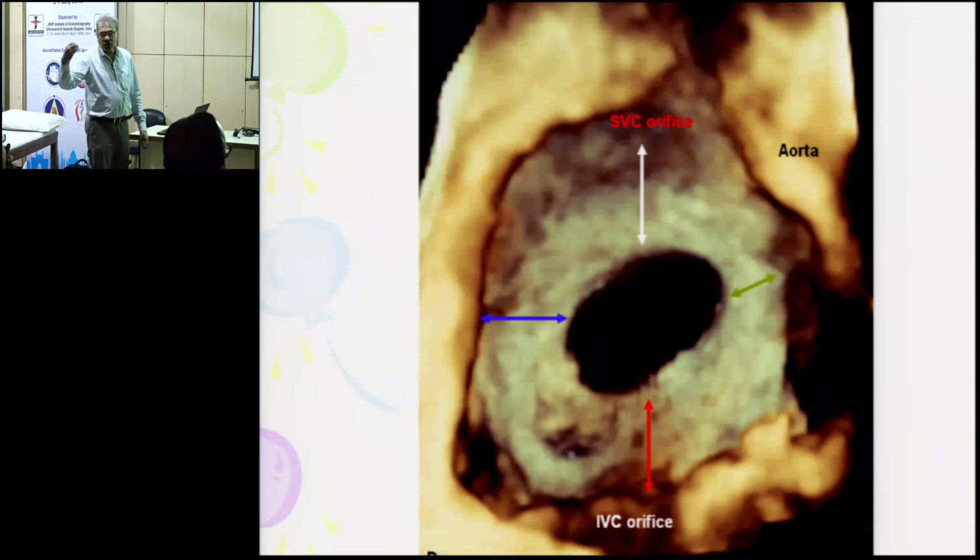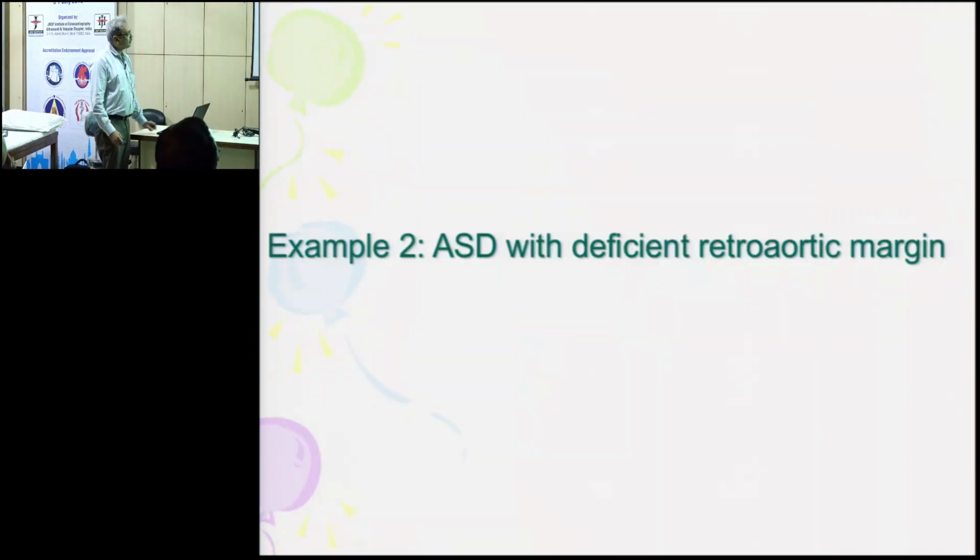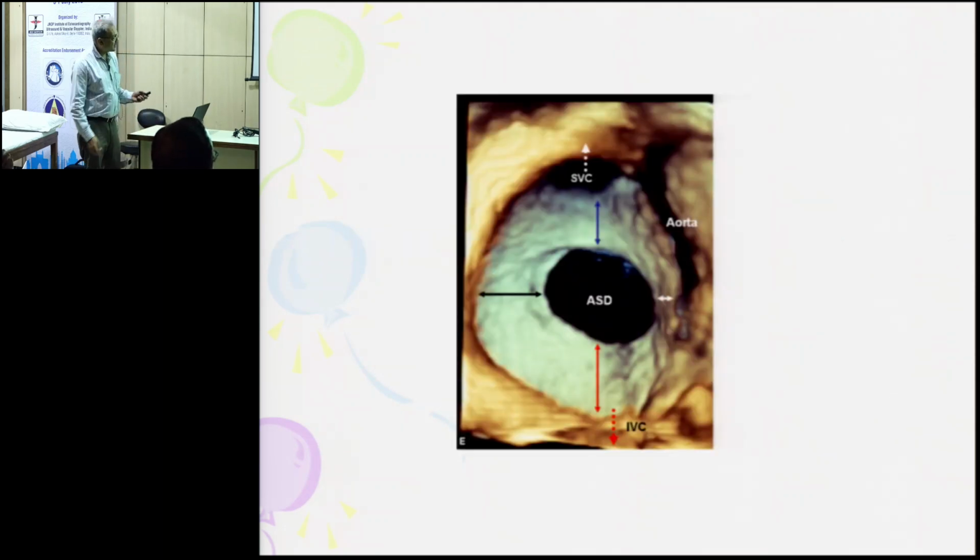The most ignorable deficient margin is, everybody knows. So this is an ASD with a deficient retro-aortic margin, and this is very minimal, but we will very conveniently ignore it, because if these are margins which are so beautifully available to us, retro-aortic margin deficiency means nothing.